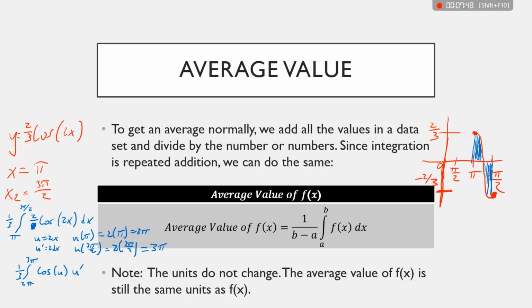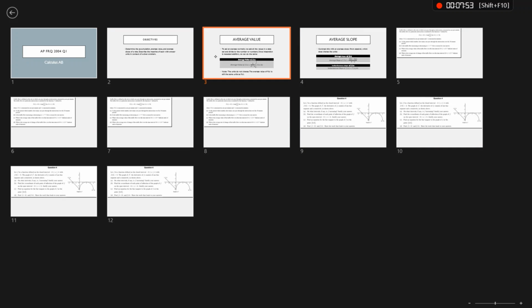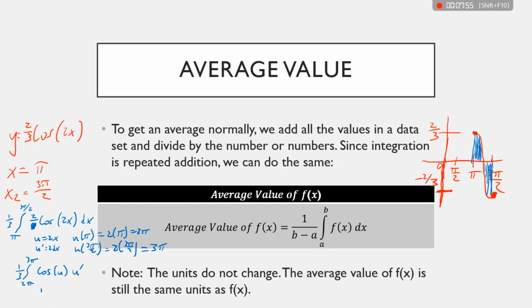Okay, when I integrate that, I will get, ran out of room on that line, so I'm going to move over to here maybe. When I integrate that, I get 1/3 times the sine of u, from u is 2 pi to 3 pi.